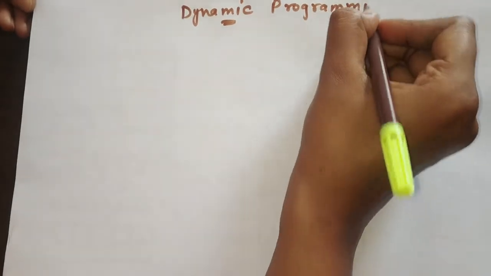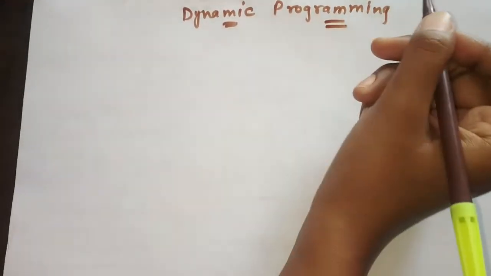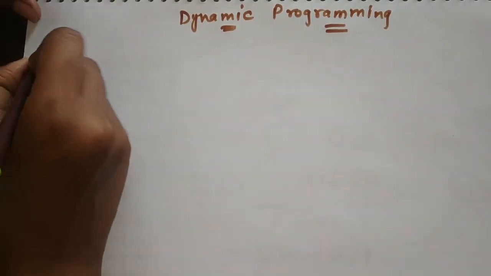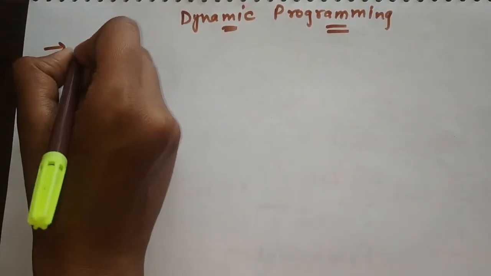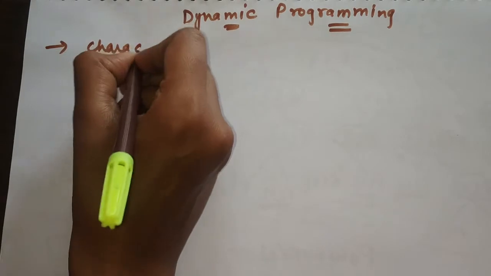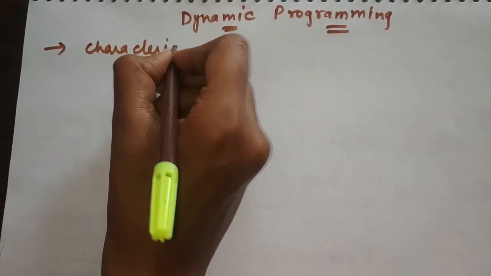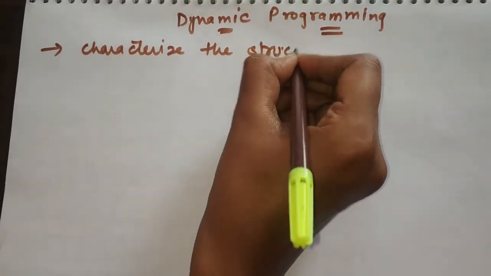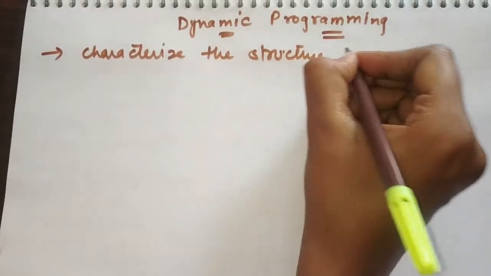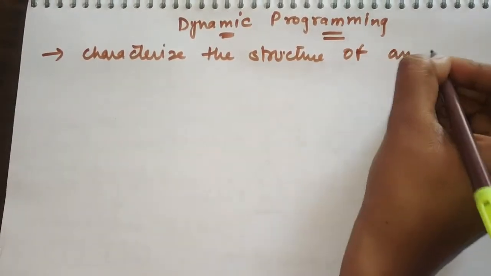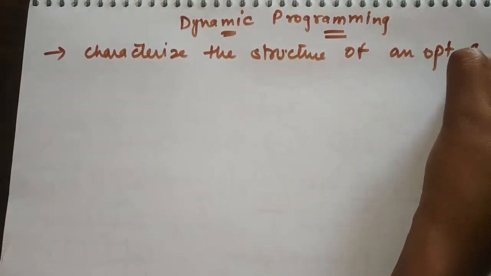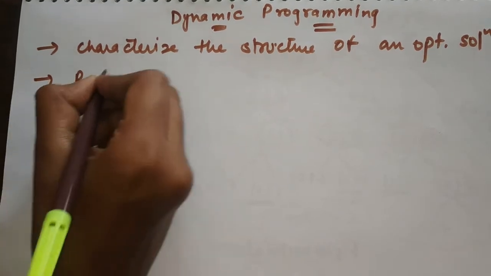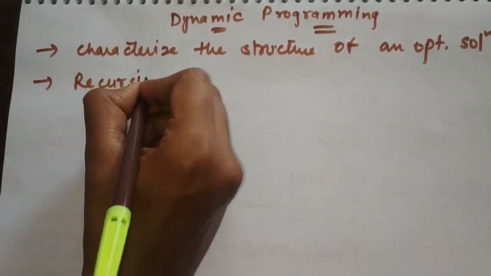So for dynamic programming, we have 4 steps to follow to solve our optimization problem. First step is to characterize the structure of an optimal solution.